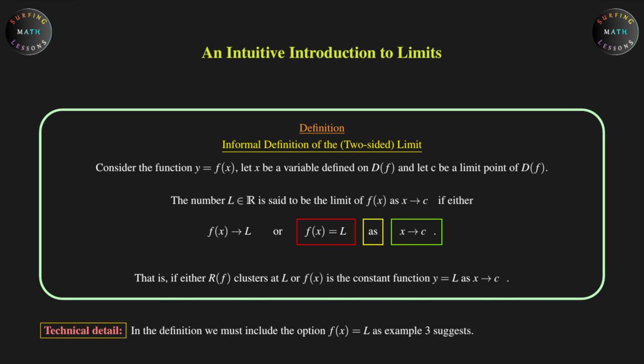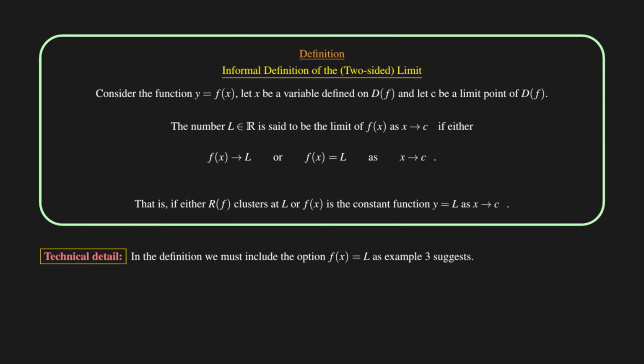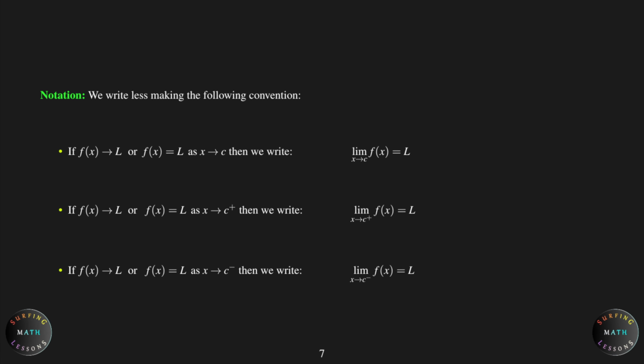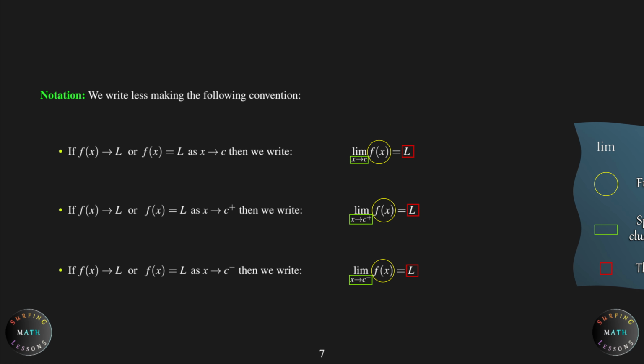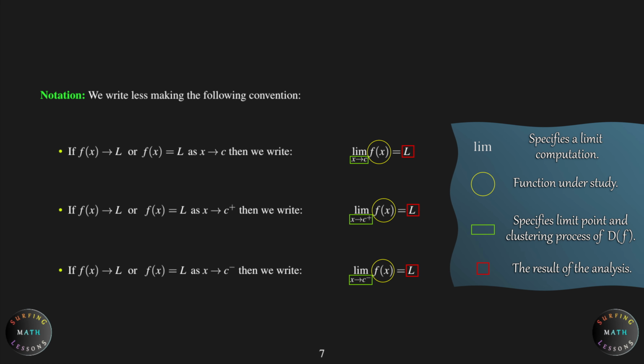In order to be more efficient, we use the following notation. Here we specify the limit computation through the lim symbol, which lies above the chosen process, and then specify both the function under study and the result of the function's behavior, denoted by L. This notation is optimal.